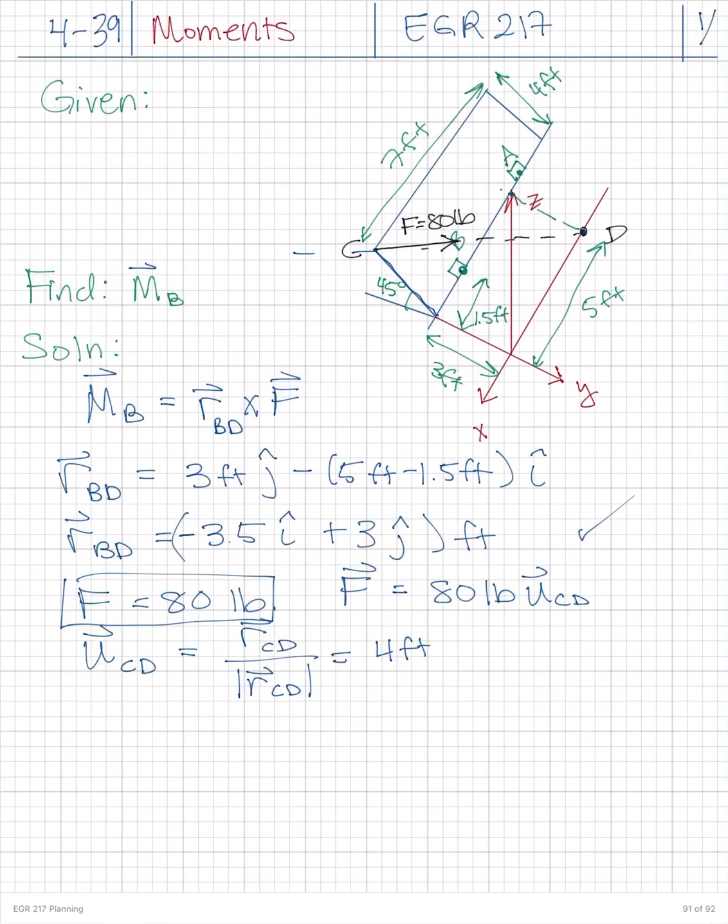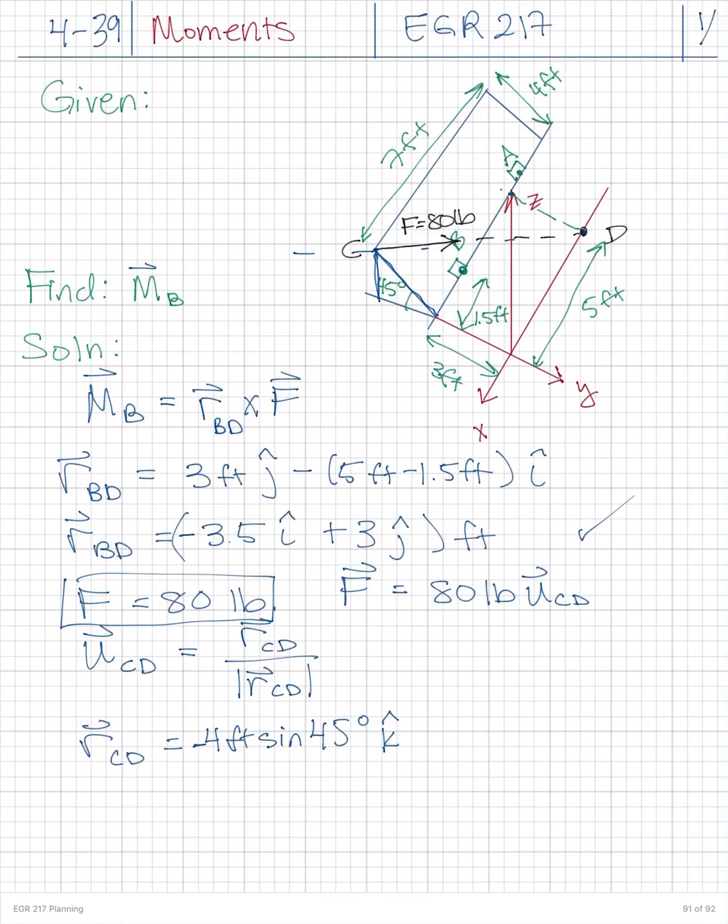Actually, that's wrong, because we want the sine of 45 degrees. We're trying to find how far down we need to go in the Z direction. So it's actually sine of 45 degrees, going down because we're going from C over to D, so it'll be in the negative k direction.